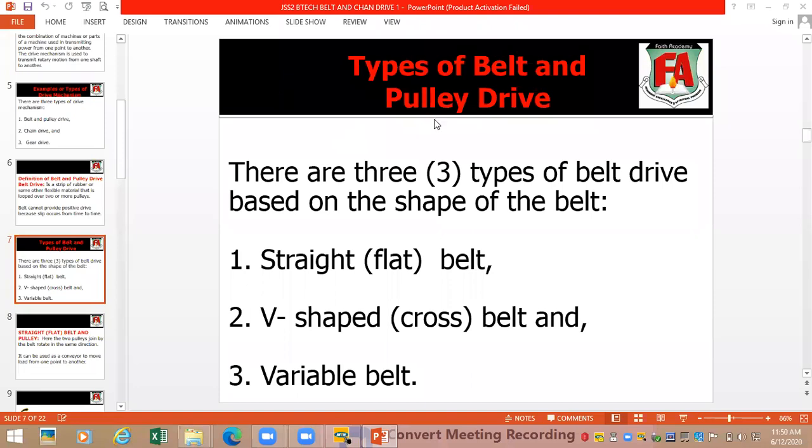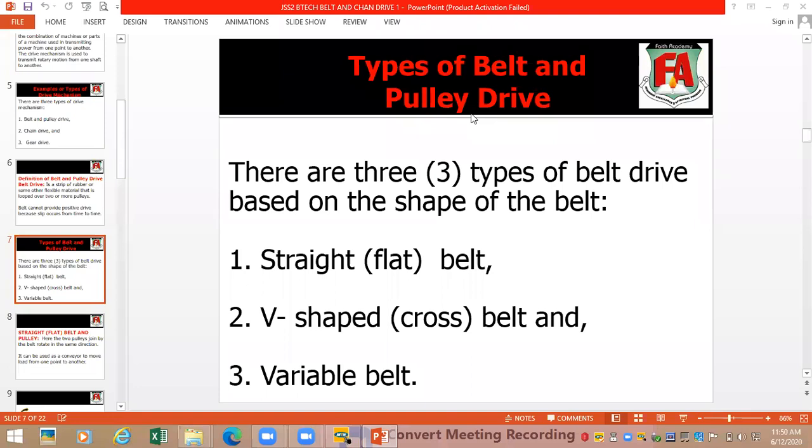And number 3 type of belt is called the variable belt. Don't worry, there are diagrams for all of these belts. We'll be seeing the definitions and the pictures of all of these belts.